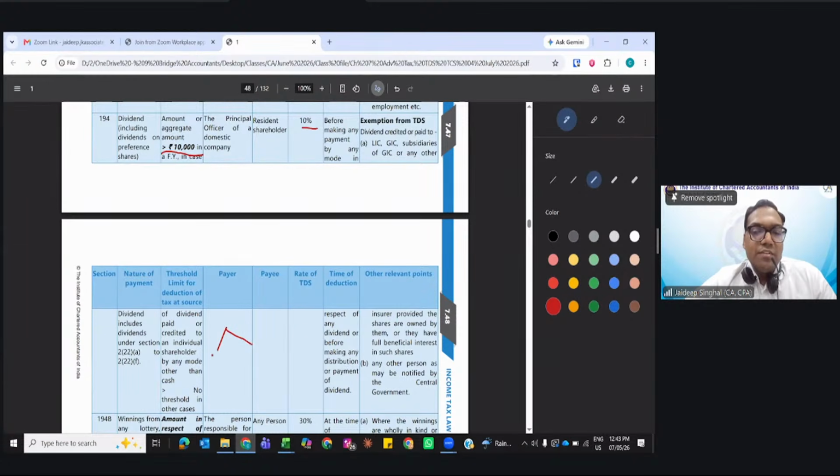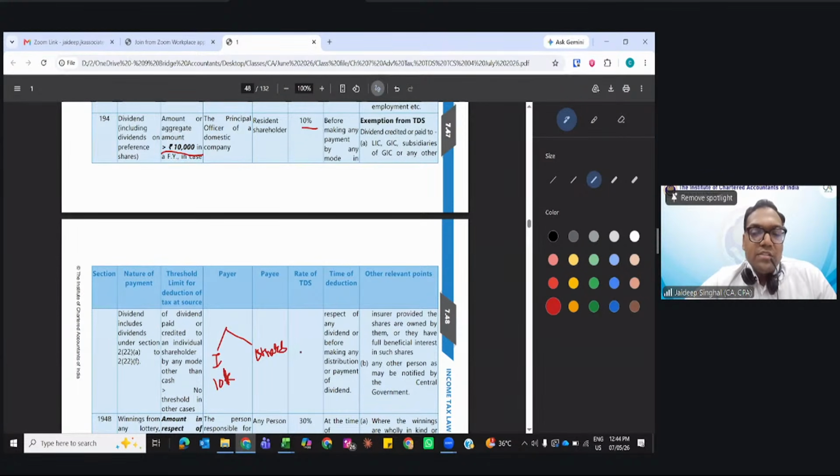If the dividend is received by an individual, there is a limit of 10,000, and that too only if the dividend is received other than in cash. If dividend is received in cash, there is no limit, zero limit. Every time TDS is applicable.